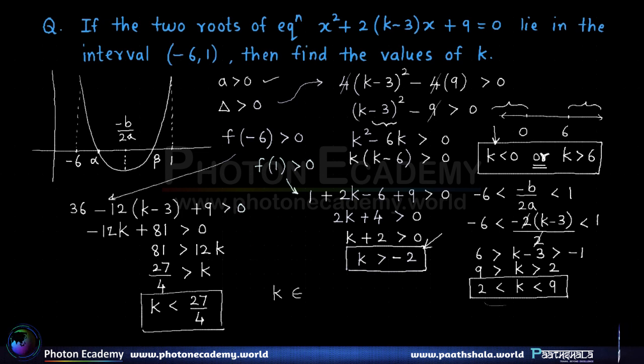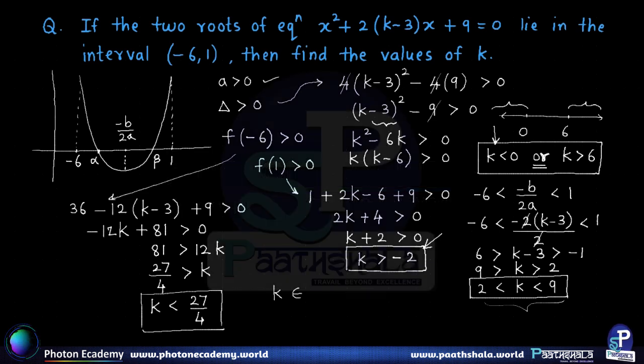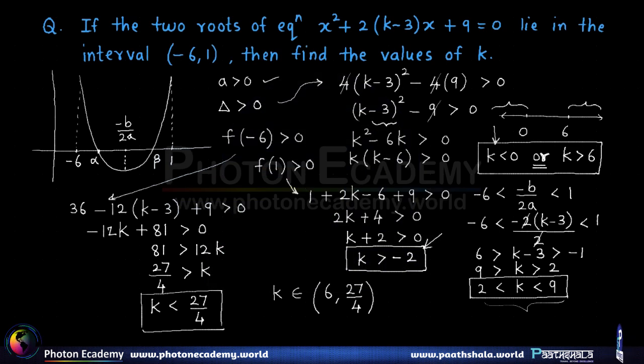Then we have another restriction that k must lie between 2 and 9, which automatically rules out all the negative values of k. So therefore finally k must lie between 6 and 27/4, because if you observe, 27/4 is just more than 6. So this is the final answer.